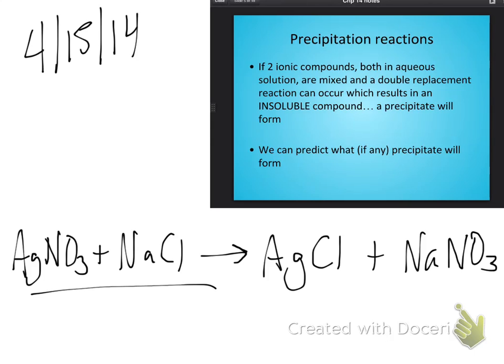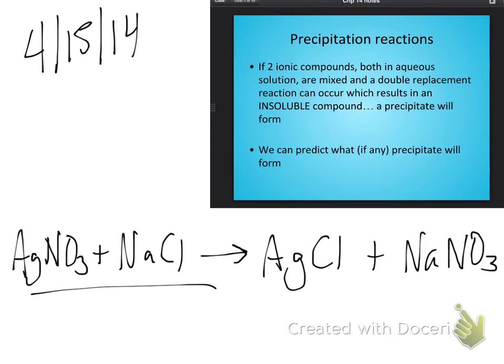Now, what we need to do, what causes something to precipitate? If we've got something here, it's soluble, it's in solution, what does a precipitate indicate? Something has formed which is insoluble. Suddenly we've got something in that mix that is not soluble, so it comes out of solution, it precipitates.